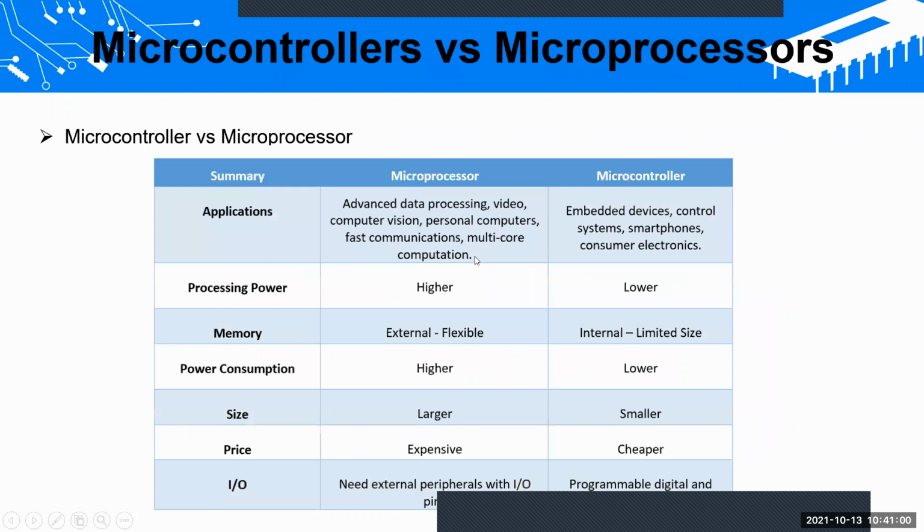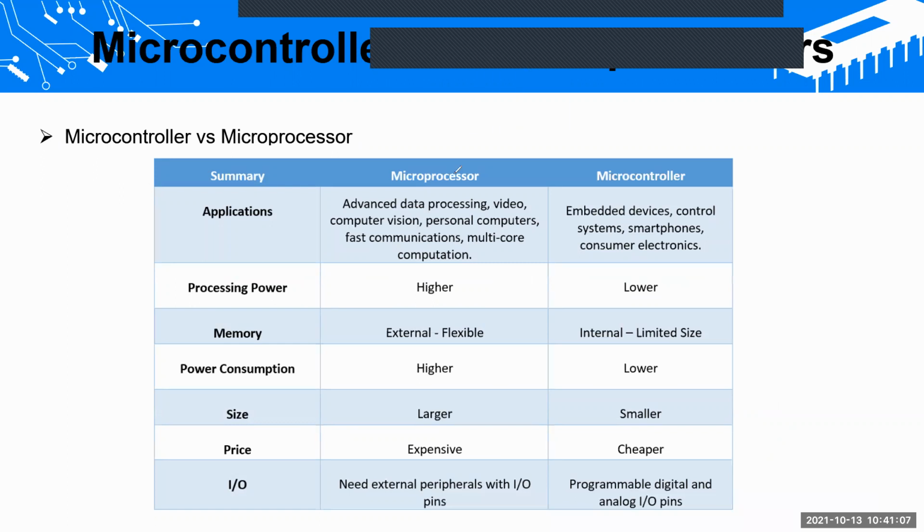Then if you consider certain aspects, the microprocessor is used in the way you know. The microcontroller is used in embedded devices, like your smartphone, your washing machine, small robots, or drones.